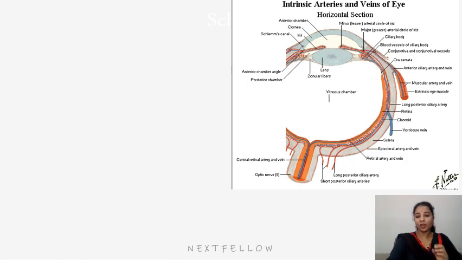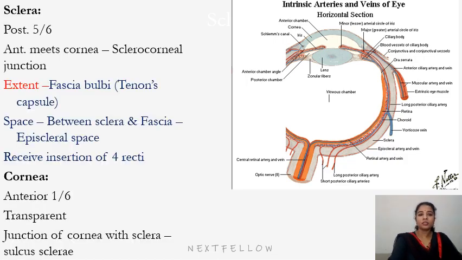So starting with the outer fibrous layer, which is formed by the sclera and cornea. Sclera makes the posterior 5/6 of the eyeball. So this white part is the sclera, which is an opaque layer, and it is covered by a fascia which is called Tenon's capsule or fascia bulbi, and the space between the sclera and the Tenon's capsule is called the episcleral space.